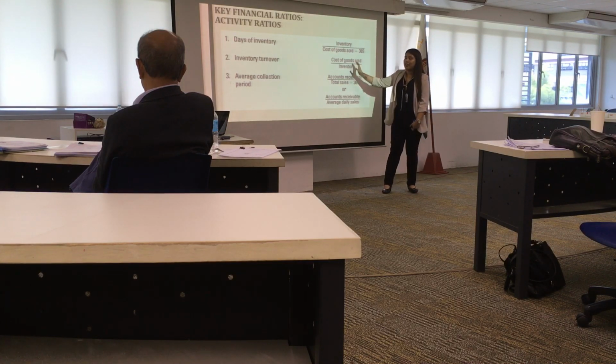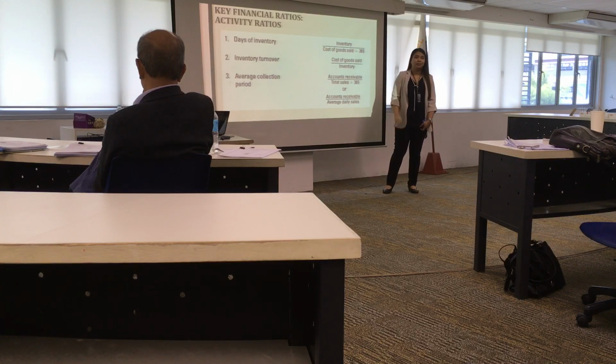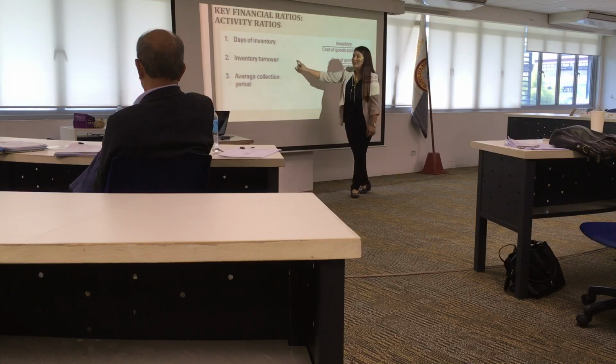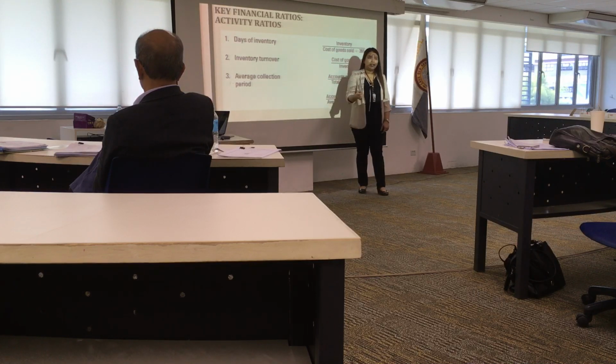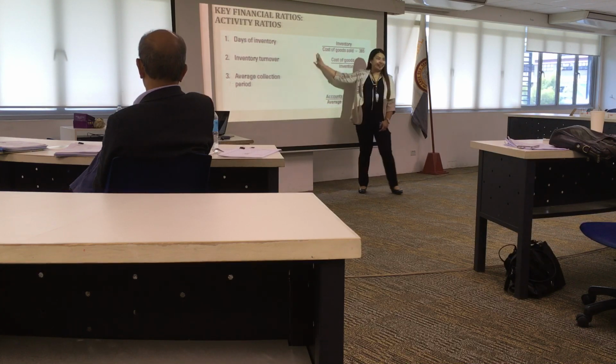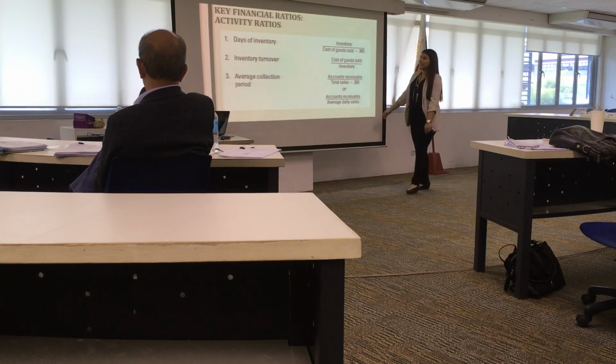The higher the inventory turnover is, the better. So for 1 and 3, the lower, the better. For number 2, the higher, the better. Why the higher, the better? Because it tells you how many transactions of inventory sales the company can have. Is that clear for number 2? Alright, next.